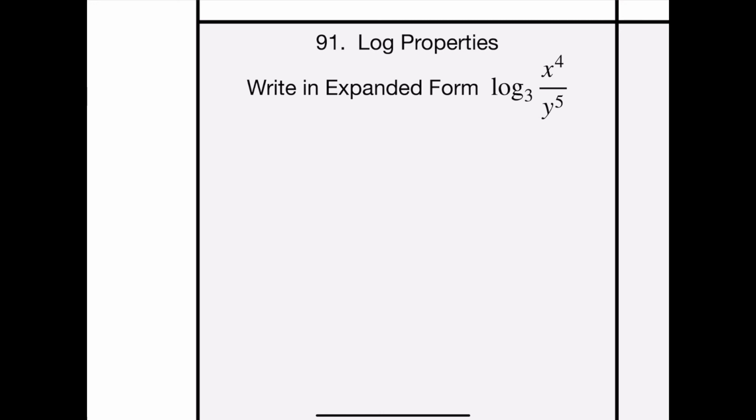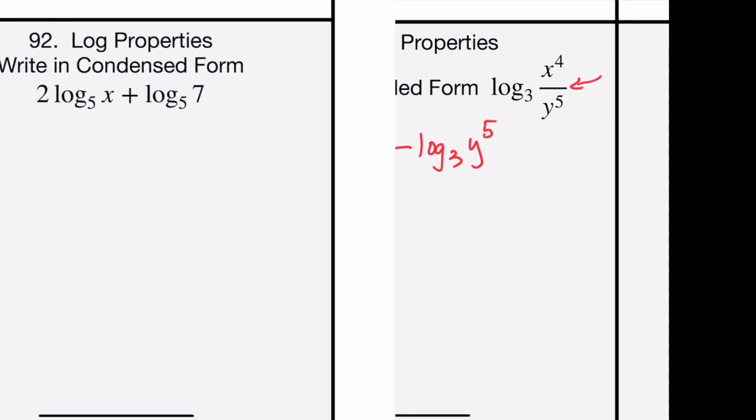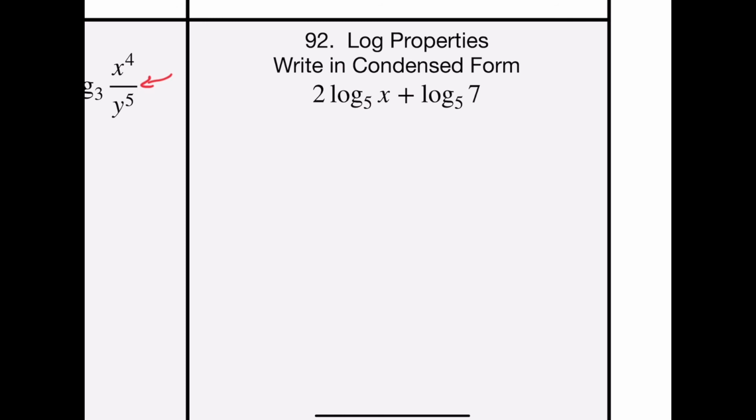To write this in expanded form, we're going to write log base 3 of x to the 4th, and to show the division, we're going to subtract another log base 3 of y to the 5th. So in expanded form, it would say log base 3 of x to the 4th minus log base 3 of y to the 5th.